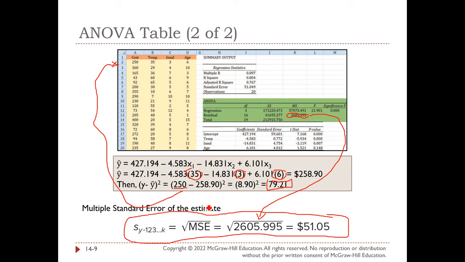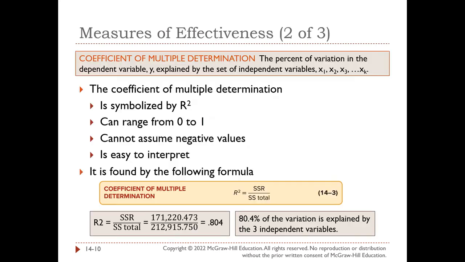Using our Excel to help us out, we pull it from right there. And we square root it, and we find out that $51.05 is the typical error that we can use this equation to predict the cost. So yes, it could be off just a little bit like that. Is it going to be perfect? No, these are estimates, but it will be close enough for our analysis.